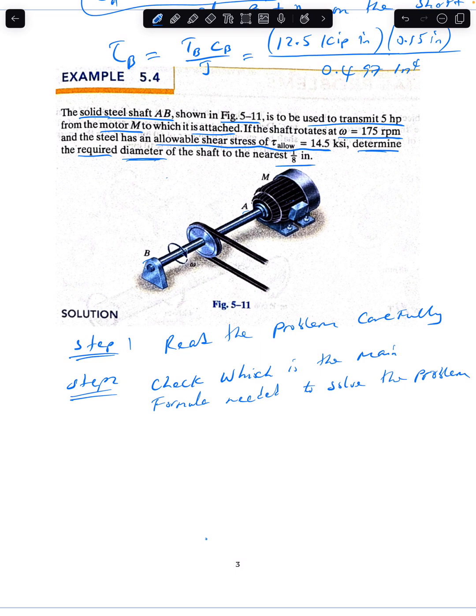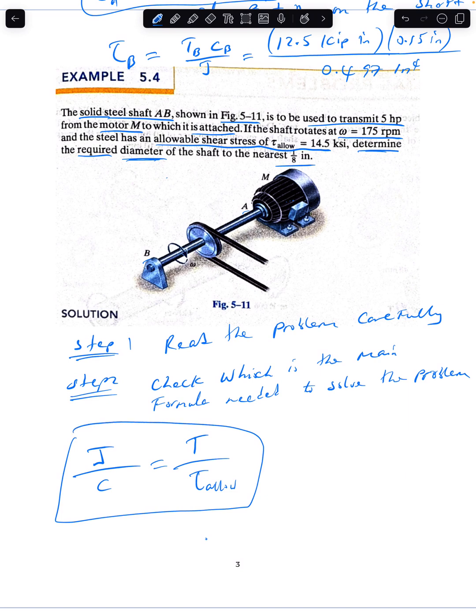Because it's a shaft design, because we need to determine the diameter to the nearest 1/8 inches, so it's a shaft design. So what is the formula for a shaft design? In class I gave you this formula. The polar moment over the radius equal to what? The torque over the allowable shear stress.